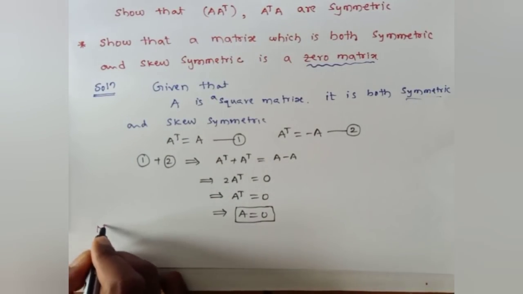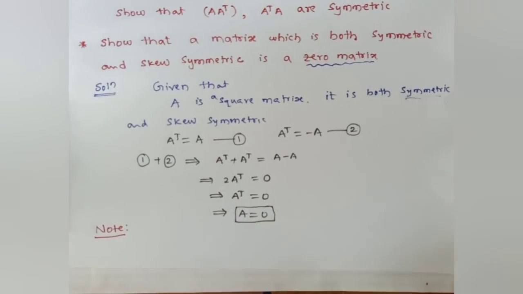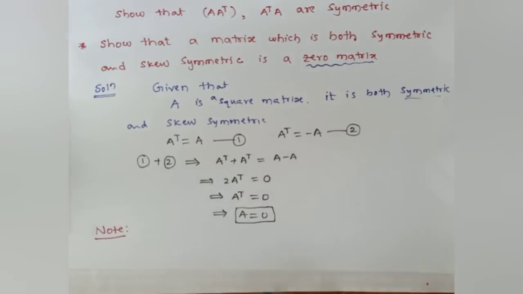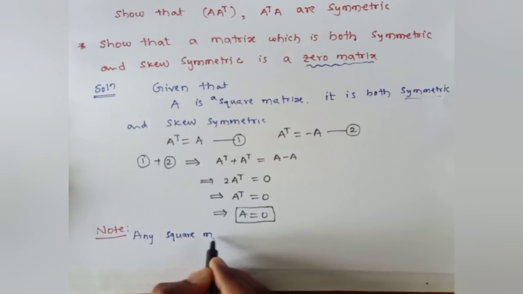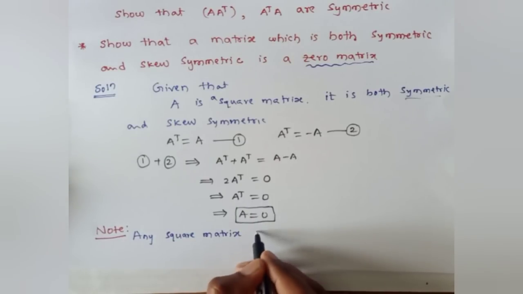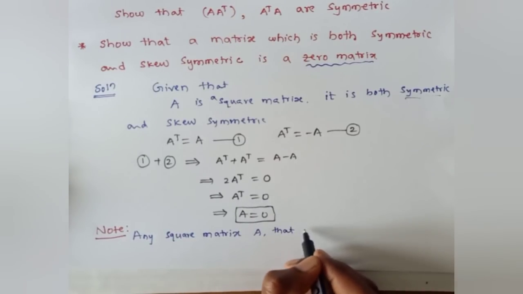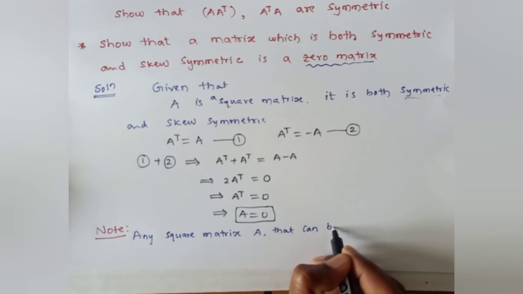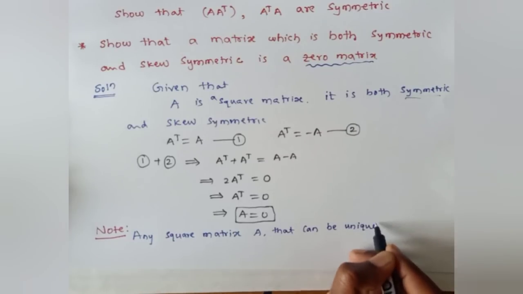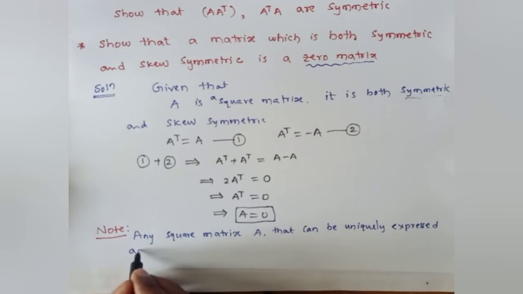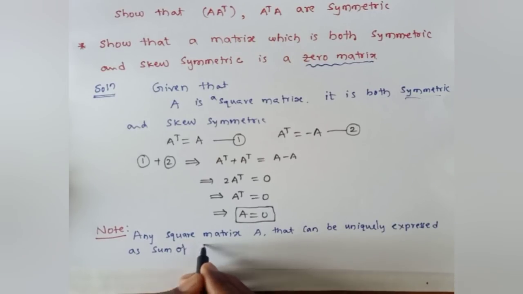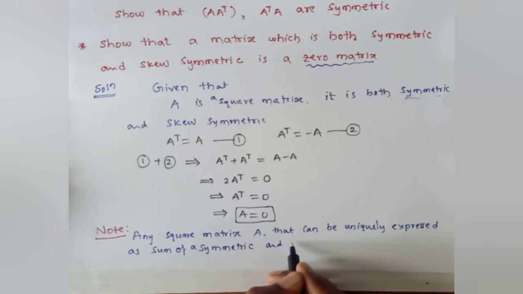One note: any square matrix A can be uniquely expressed as the sum of a symmetric matrix and a skew symmetric matrix.